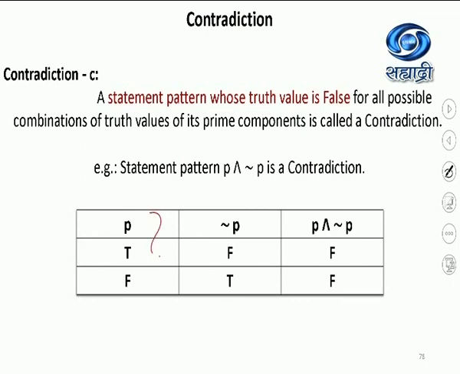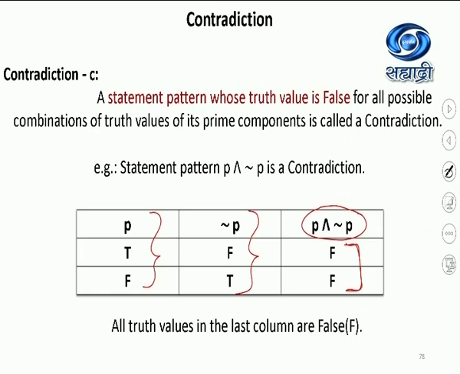With all the possible truth values of the prime components, P and negation P has only the truth value F. In short, if the truth values in the last column are all F, the given statement pattern is a contradiction.